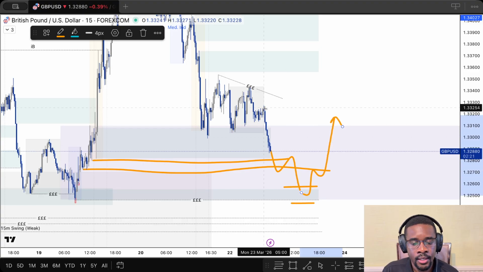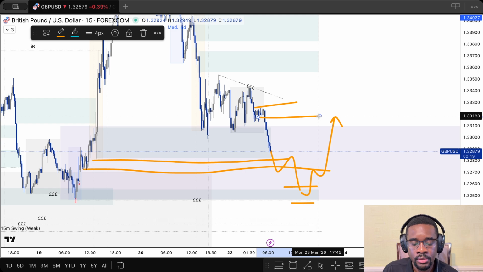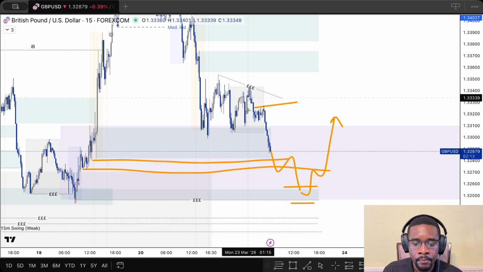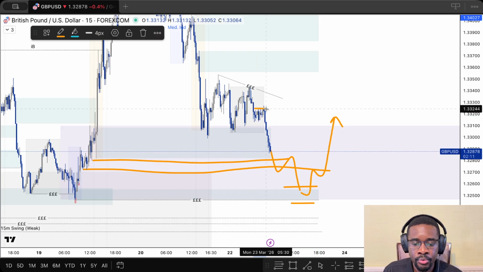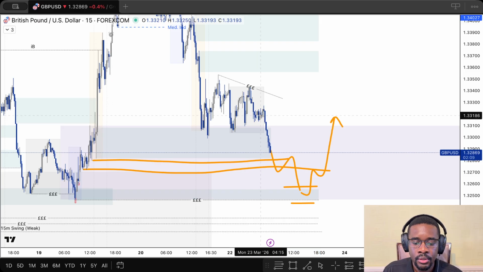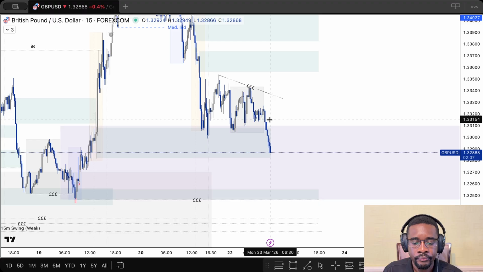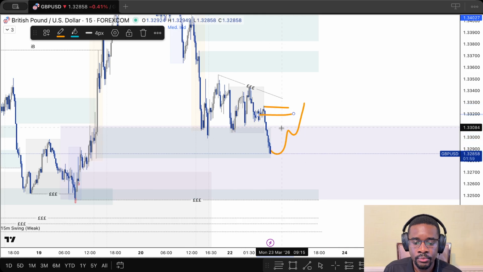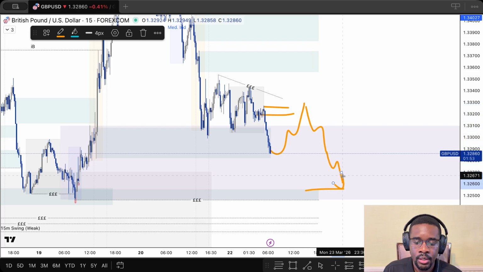If it does that, then I may be looking for longs until maybe this Asia midpoint. Or if it switches now and then comes back up, then I could still be looking for shorts. If price comes into this area, then I'm looking for shorts towards this area here.